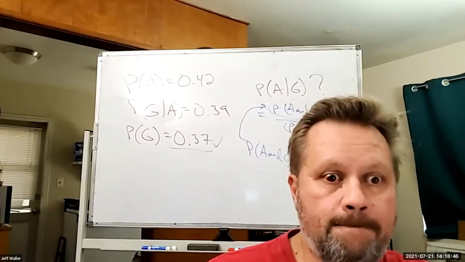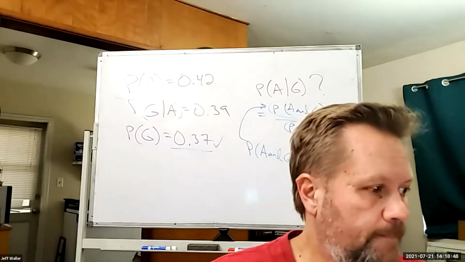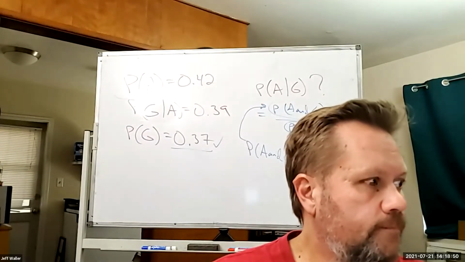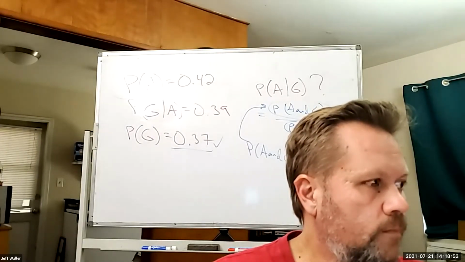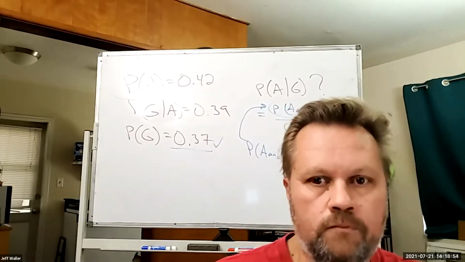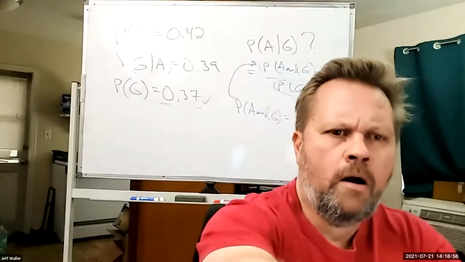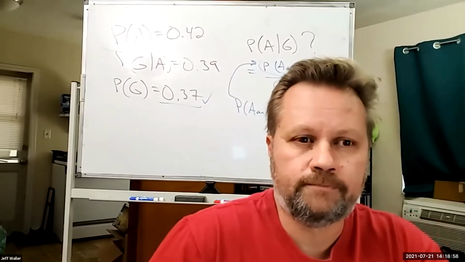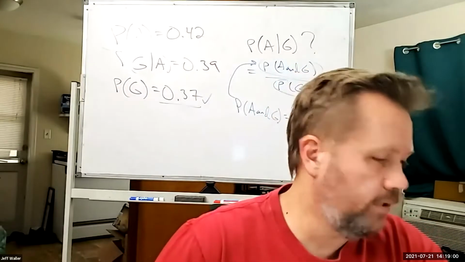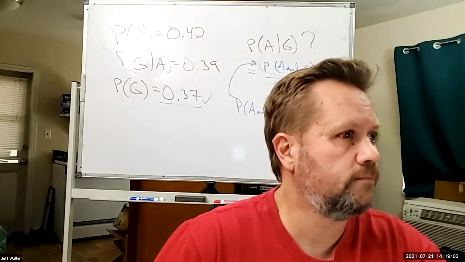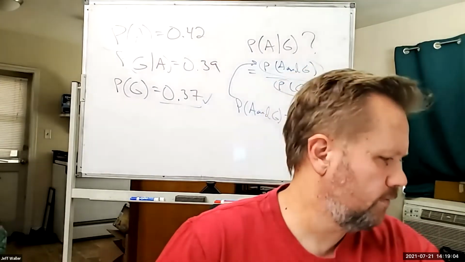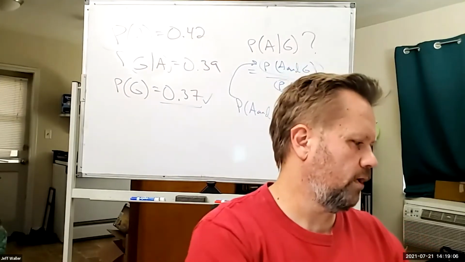Professor, I have a quick question. Yep. I had a question before about the H0 and the Ha and the claim. Can I just check my answer with you to make sure I understood it? What are we talking about?